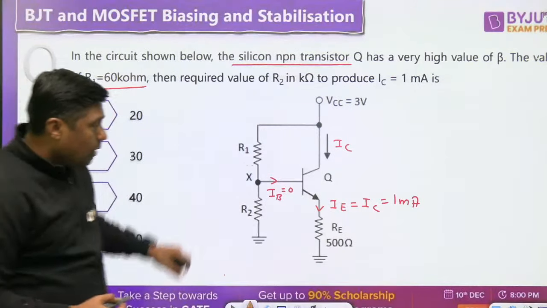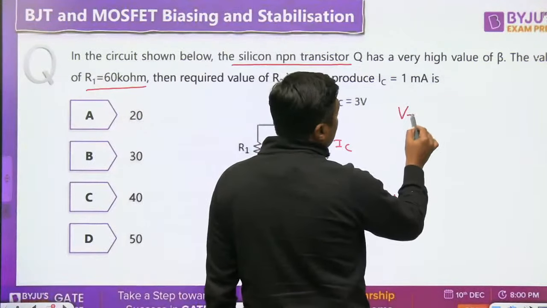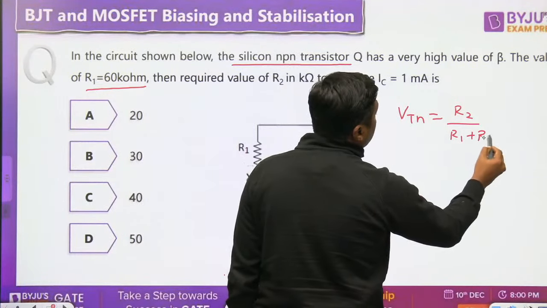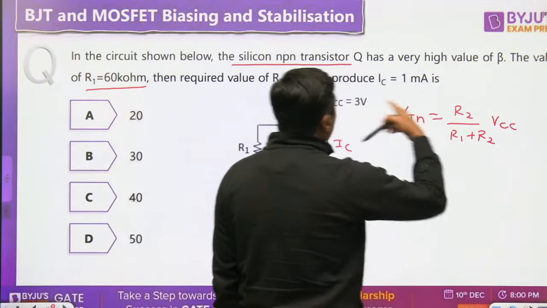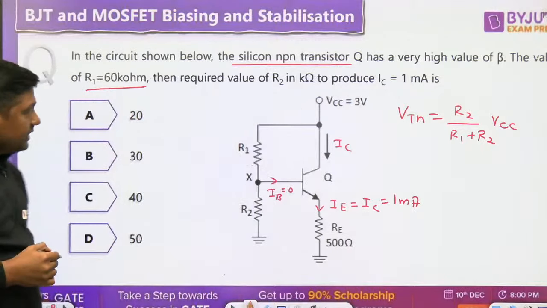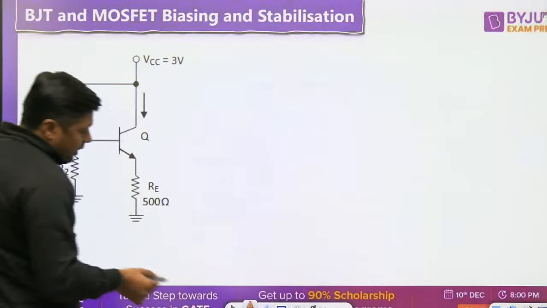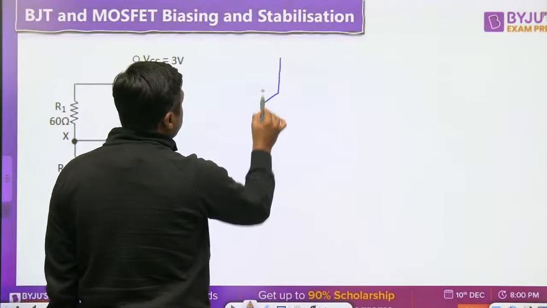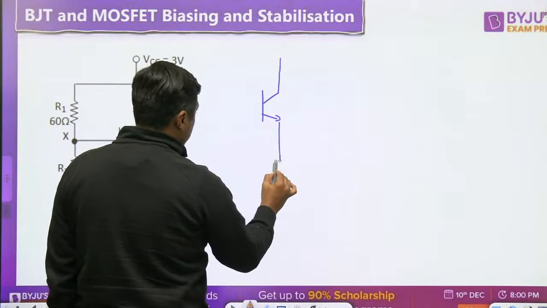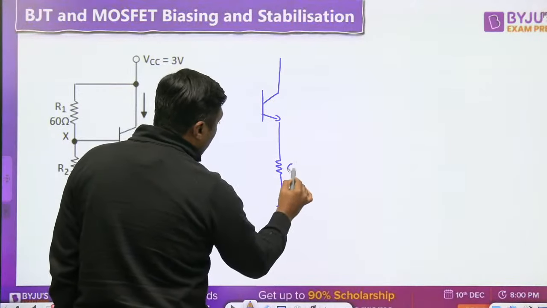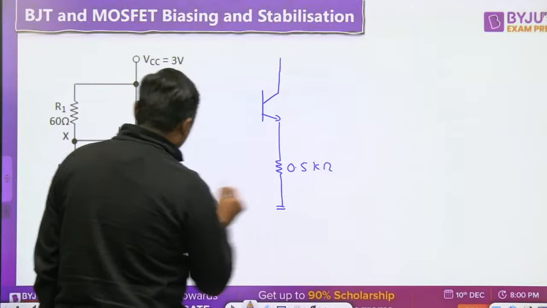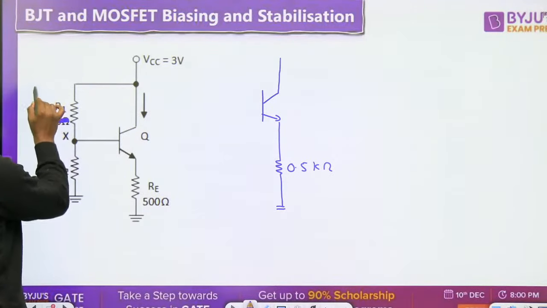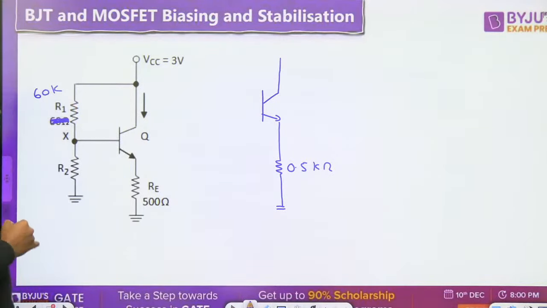So what is the value of the VTH here? VTH is nothing but R2 by (R1 plus R2) into what? VCC. What is the value of VCC? 3 volt. Then we can draw a circuit here. Convert the resistor in kilo ohm. 500 ohm is converted into kilo ohm because the others are also in kilo ohm. 60 kilo ohm.